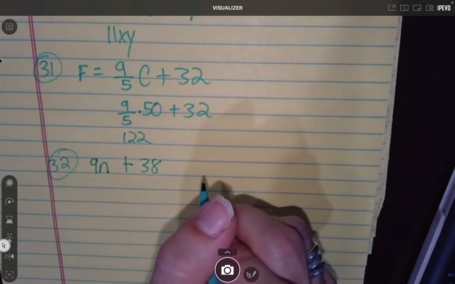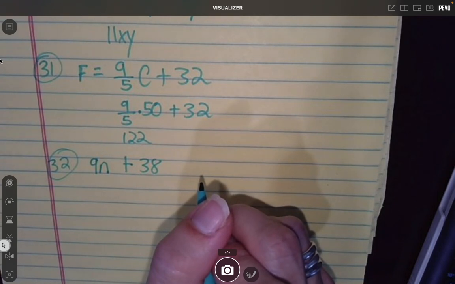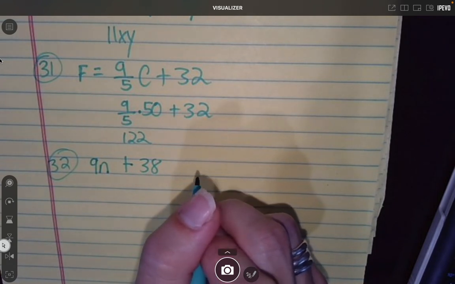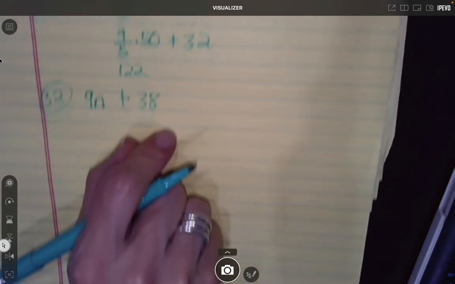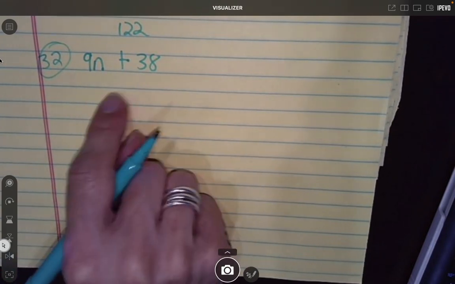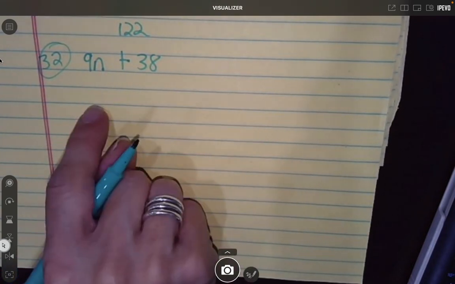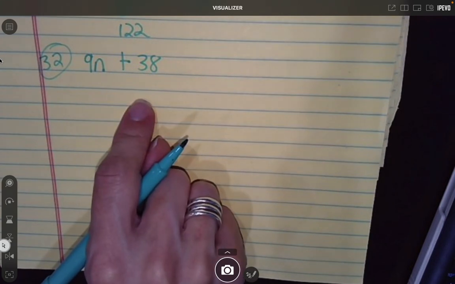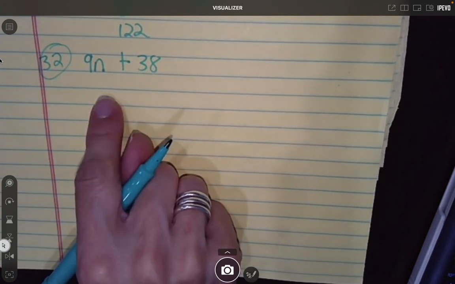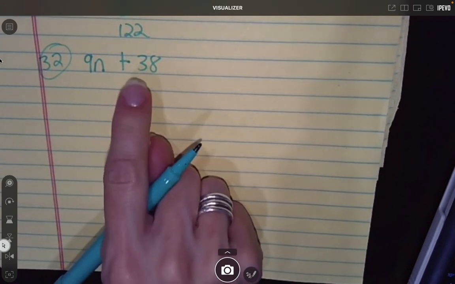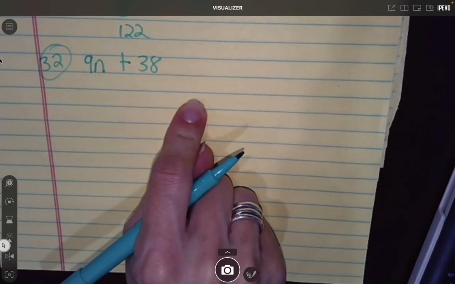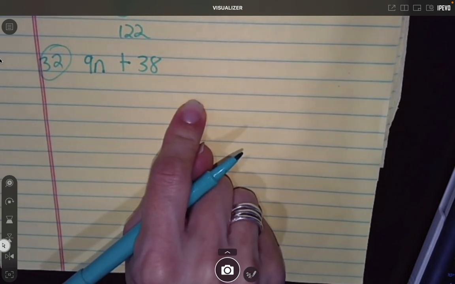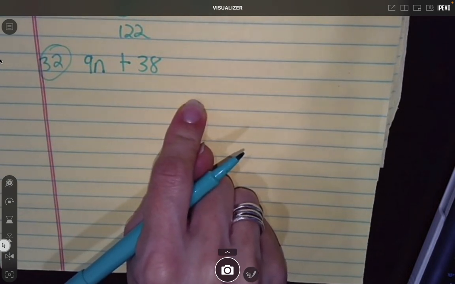And Lakin, what did you get? I got for every box, multiply one more number each time. Well, what it's looking for, this is the first part. 9n plus 38. That's the first thing you would write, because you can see in every part of the table what they're doing: 9 times whatever it is plus 38. And then you would write the words. Cannon, would it be 9 times n plus 38?